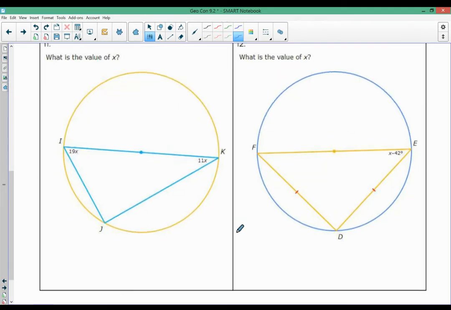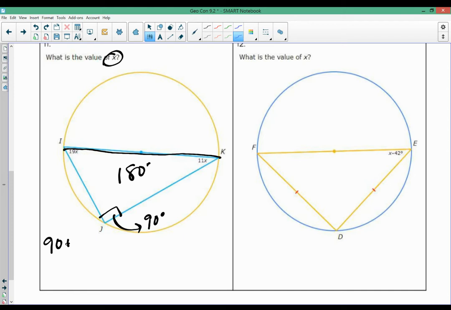All right, here's our algebra now. What is the value of x? We don't have to solve for an angle measure, we just have to stop at x. Again, IK is the diameter, so angle J is a right angle, which is 90 degrees. Let's set our equation equal to 180 degrees. So we have 90 plus 11x plus 19x equals 180.